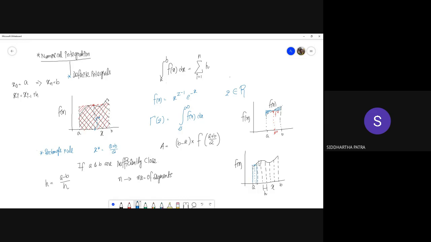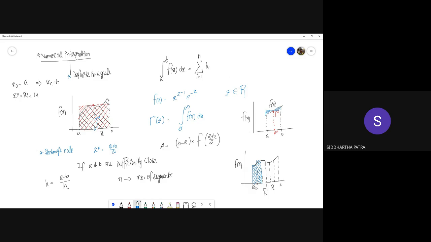Similarly, from here I'll have another rectangle and I'll get the area for that rectangle. So I'm talking about taking the sum of all of these rectangular areas instead of taking the actual integration, the actual area under the curve. We are approximating it as a sum of these rectangular areas.